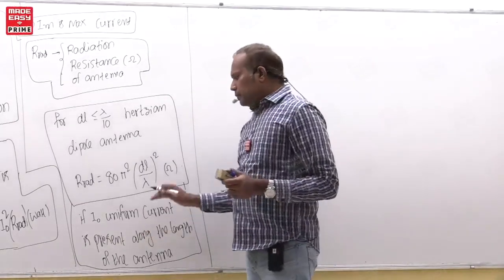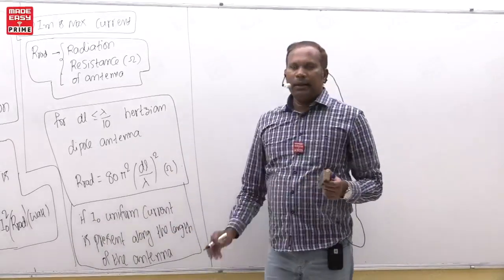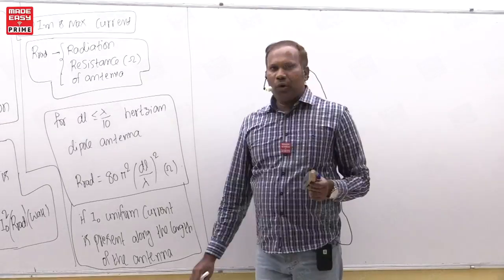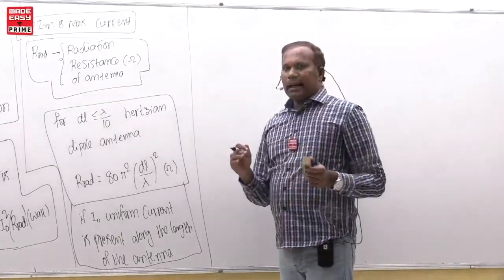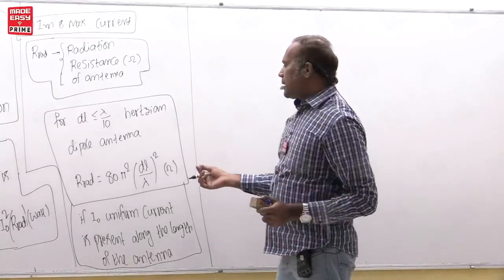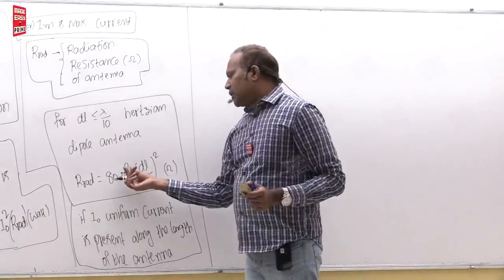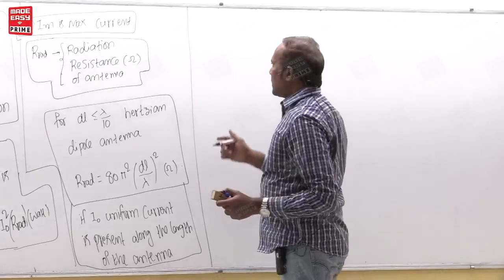So it is difficult to maintain the uniform current if the antenna length is more. In that case, it is automatically approximated as a triangular current distribution. For that, the radiation resistance becomes 20 pi square dl by lambda whole square, and the length is also mentioned.